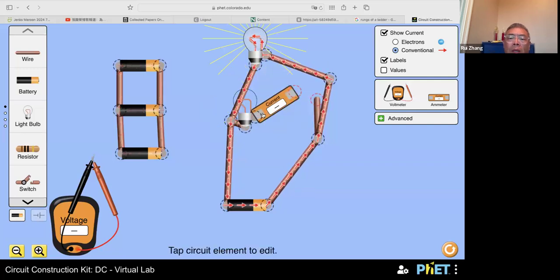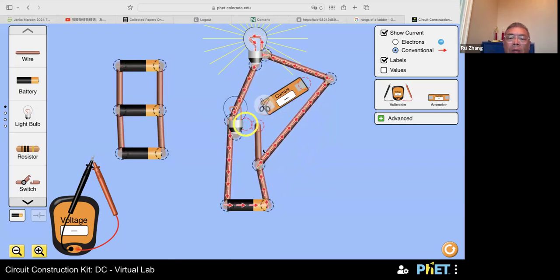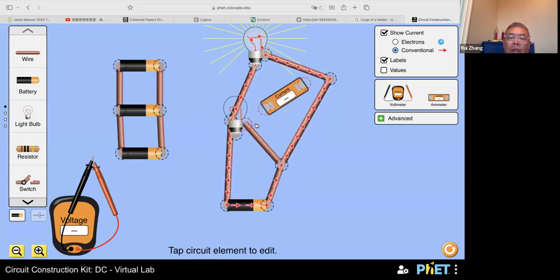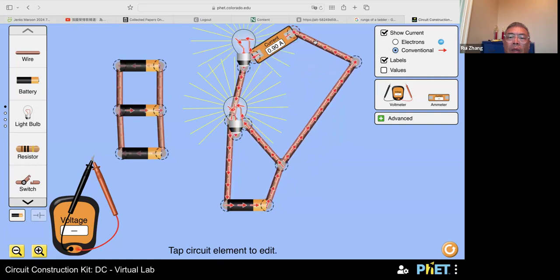Same thing if you want to measure the light bulb of another branch like this one. You break it here and insert your ammeter here, so this is measuring this one. I showed you how to measure the current going through this light bulb and the battery, and the other cases are the same.